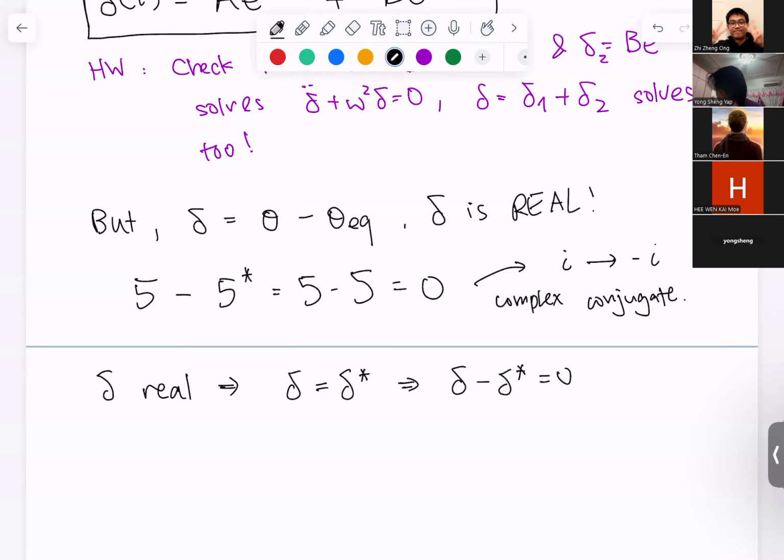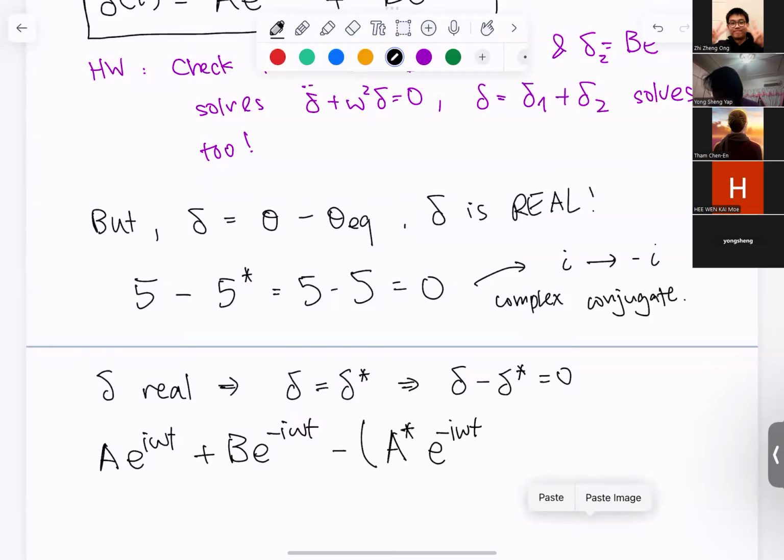So delta equals A e^(iωt) plus B e^(-iωt), minus the complex conjugate: A star e^(-iωt), since i turns to minus i and these are complex, so they also get conjugated, plus B star e^(iωt), is 0.